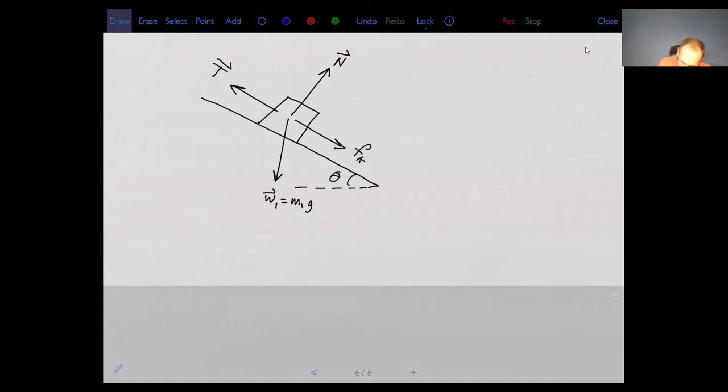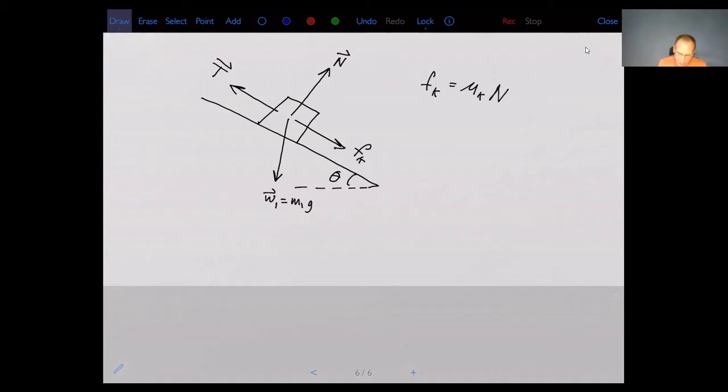And remember, Fk is equal to mu k, that coefficient, which we know from earlier, because we found that coefficient when we did the graph. Actually, we found it twice, but we're going to use the one where it was the slope of the graph where we plotted the kinetic frictional force versus the normal force. We know that that kinetic frictional force is mu k times the normal force.